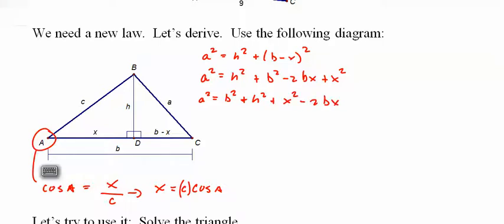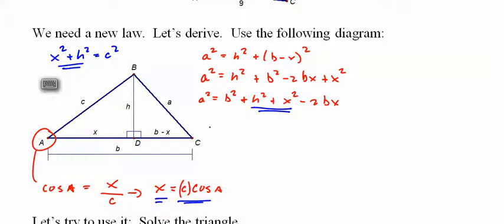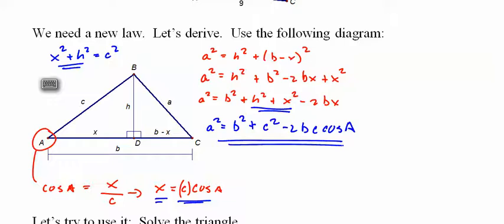Okay, off to the side, let's do this one. x squared plus h squared equals c squared. Hey, that looks familiar. And x looks familiar. A squared equals b squared plus c squared minus 2bc cosine of A. Well, look at that. That's the law of cosines.